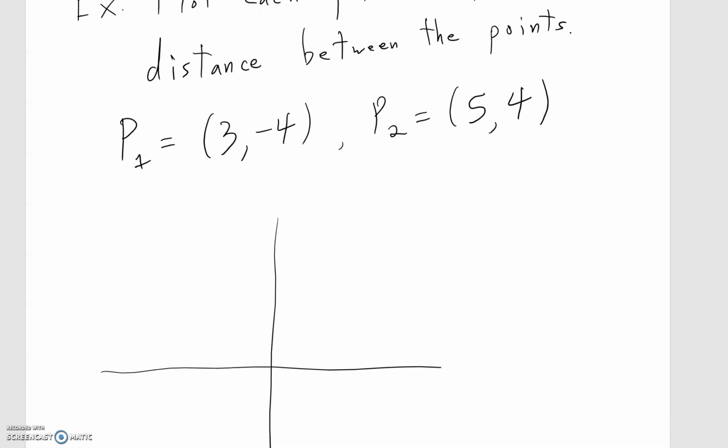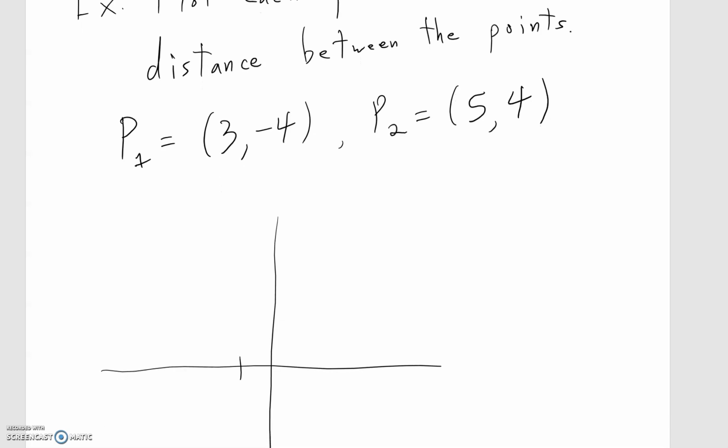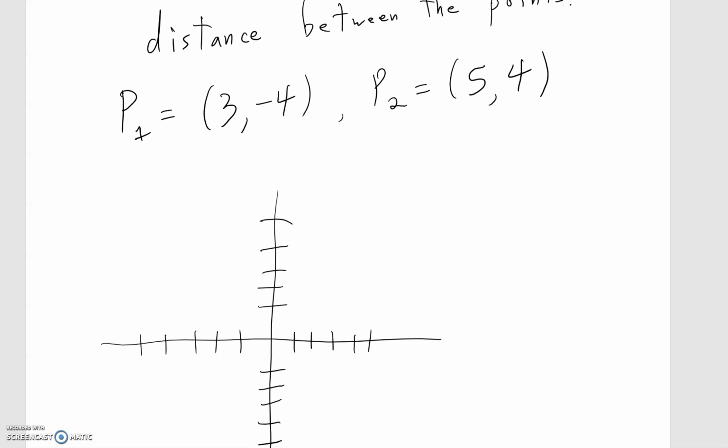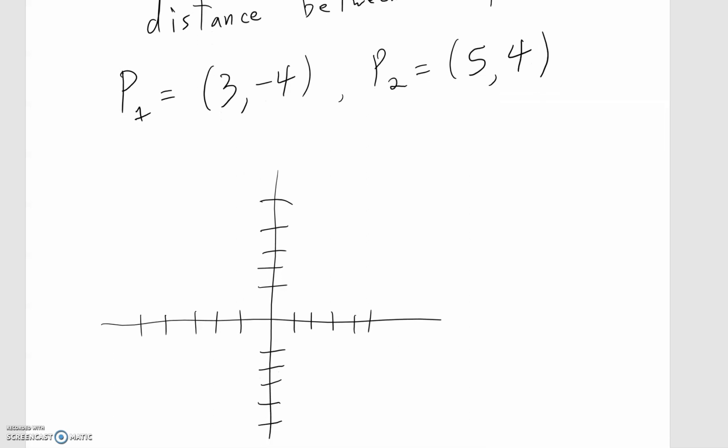So for P1, x is 3 and y is negative 4. My increments here are going up by 1s. So this is that first point, P1, with coordinates 3, negative 4.